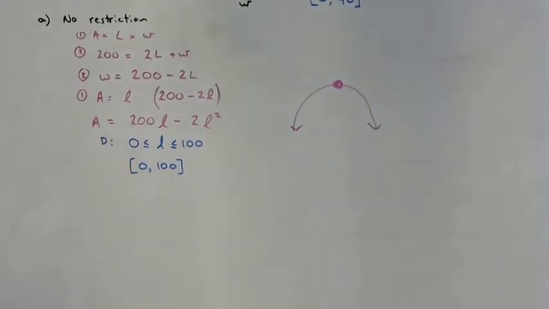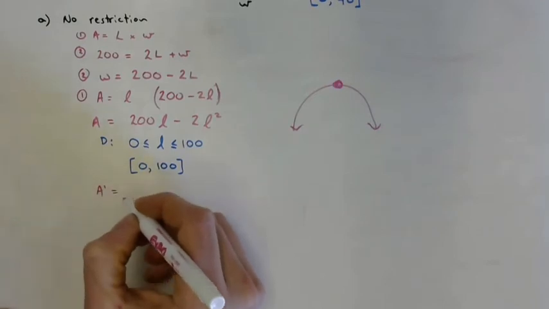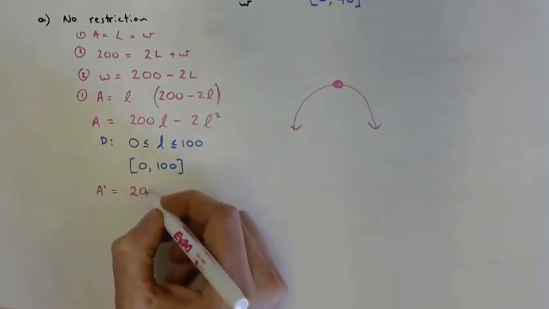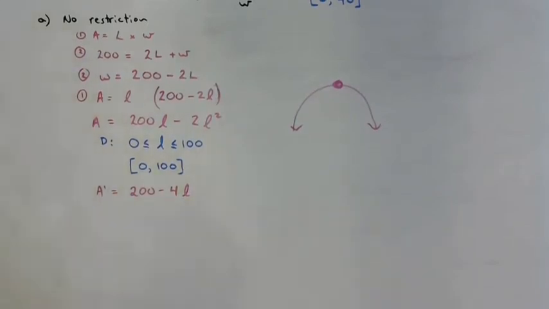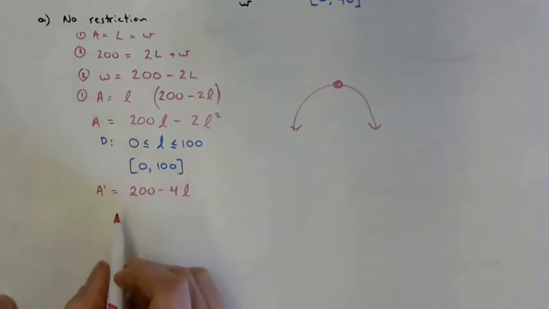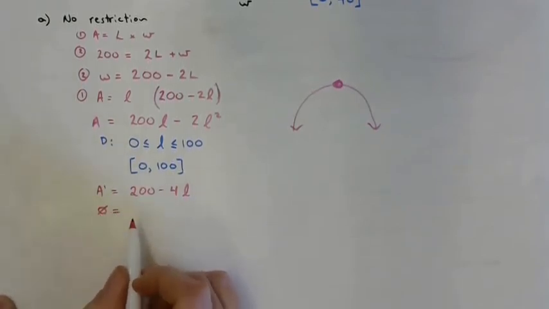So taking the derivative of our area formula, A prime is 200 minus 4L. And now we're just finding the critical value, so we set that equal to 0.